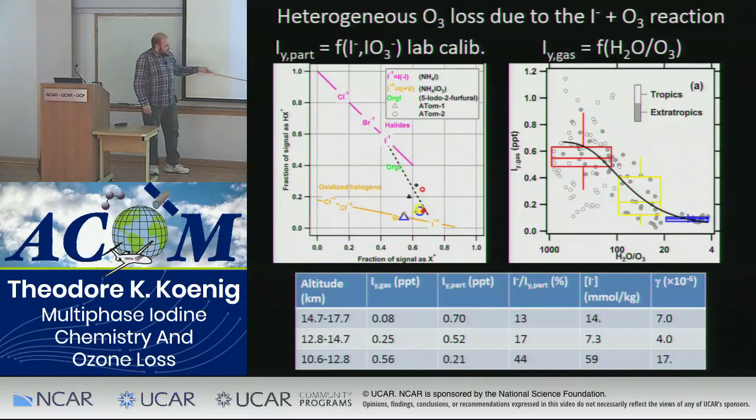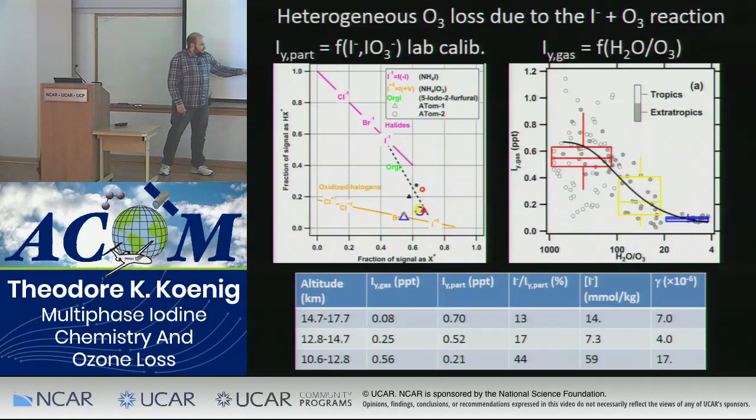So these altitude bins here are from a zonal climatology, mapping that ozone-water axis into altitude space at mid-latitudes. As my IY gas goes down from the troposphere to the stratosphere, I'm going to increase my IY particulate by the same fit. I'm just going to assume the IY is overall conserved.